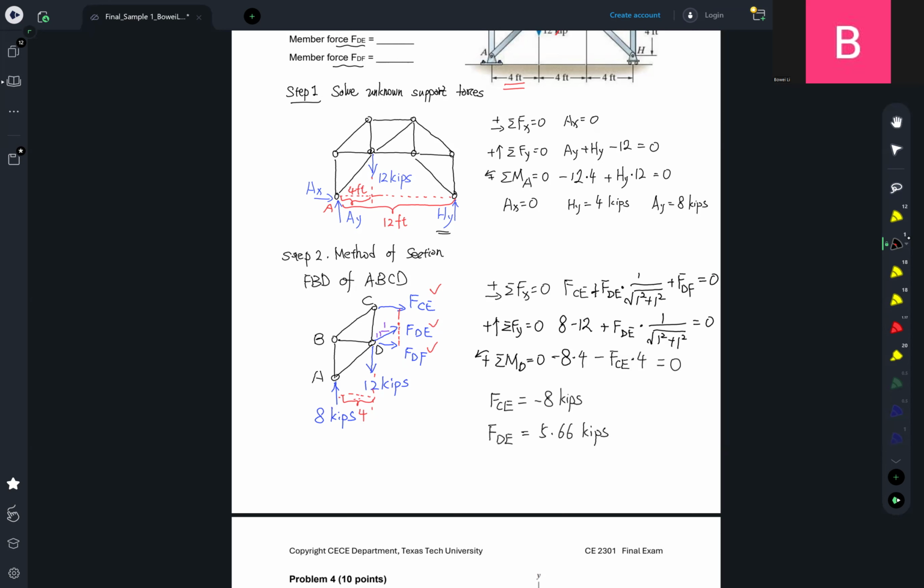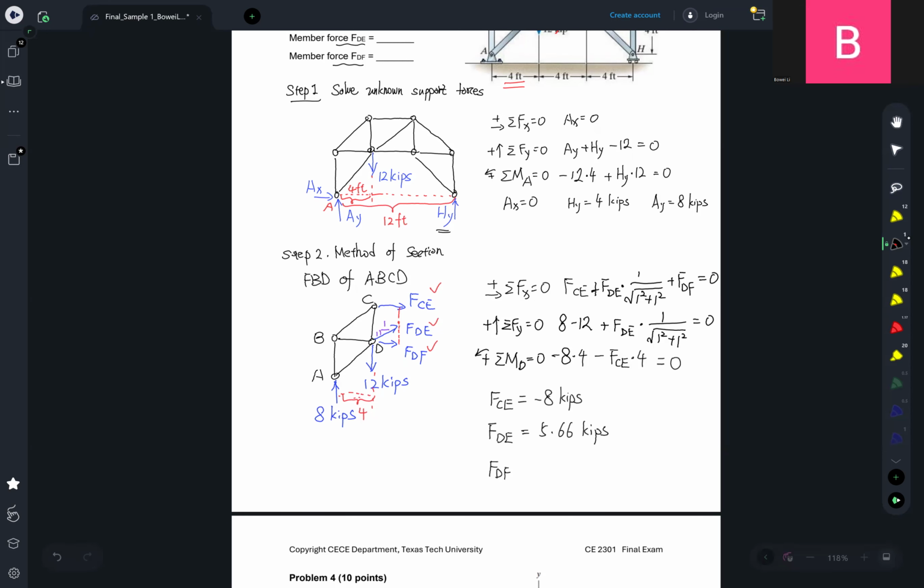Now we can go back to the first equation. It has 3 unknowns, of course, but we have already solved 2 of those. We substitute the 2 unknowns back, and we are going to have FDF equals 8 minus 5.66 divided by square root of 2.